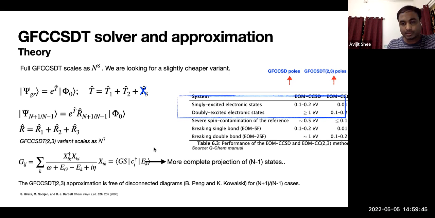Therefore, it should improve. And there is an equivalent approximation used for wave function based theories, and that actually showed improvement. This table shows that performance, and it is taken from the QChem manual. This approximation also satisfies the theoretical requirement of size extensivity of the Green's function formulation.